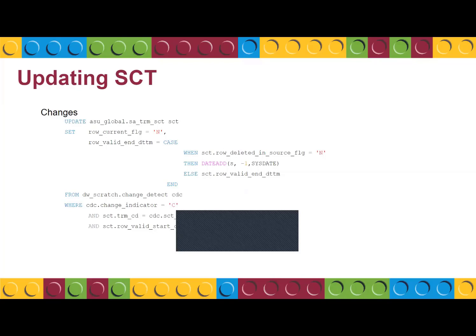Joining the data on your keys, and then just setting the current flag equal to no, because remember something came up, and so that current flag is no longer valid, and the row valid end date is equal to, this one's going to be hard to explain, the sys date minus a second, unless it's that deleted case, in which case you want to preserve what's already there. So that's what that else is for.